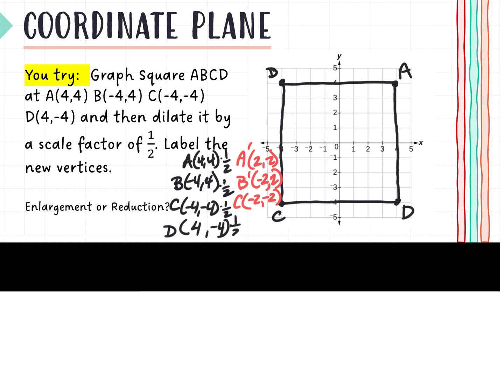And times 1/2, D prime would be at positive 2, negative 2. All right, so let's graph our new square. And this is clearly a reduction. And so 2, 2, there's A prime, D prime, C prime, and B prime. Connect the dots. Okay.